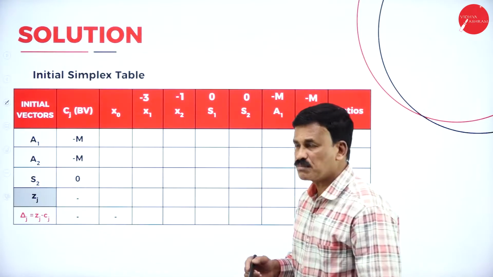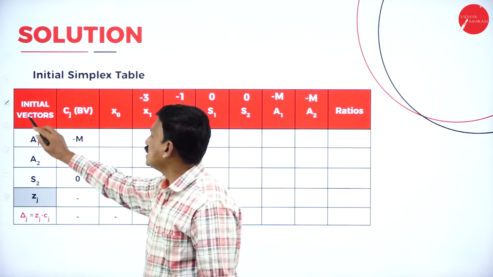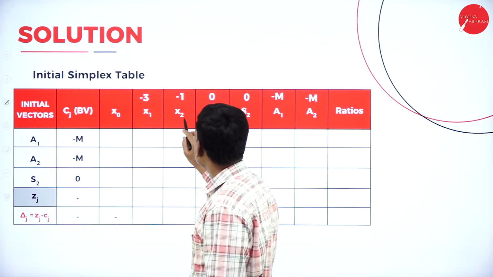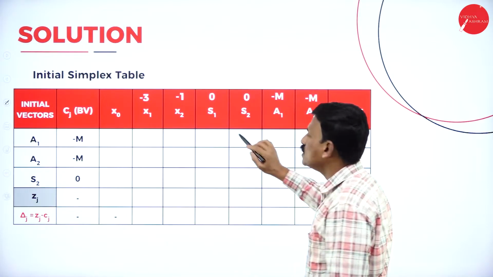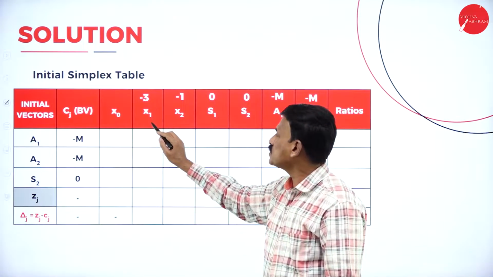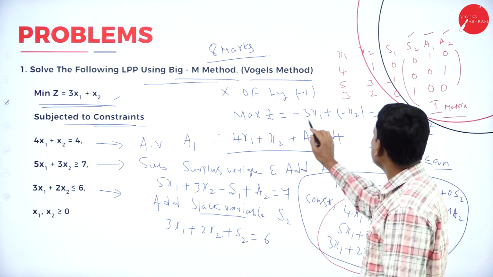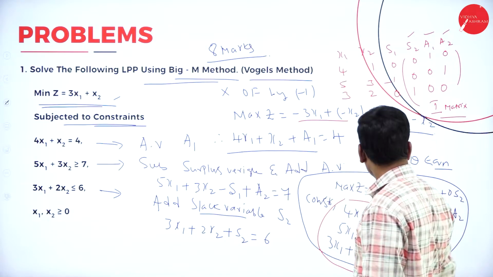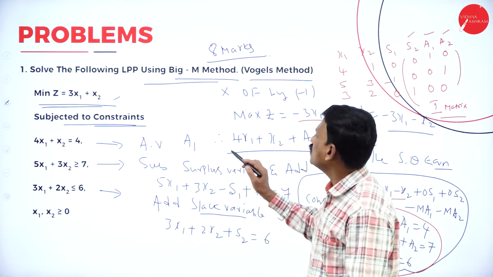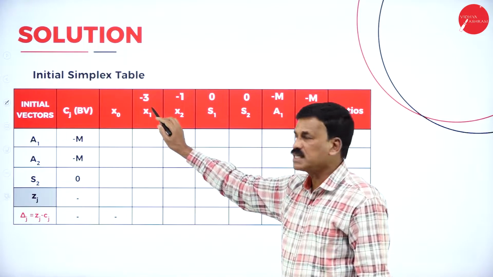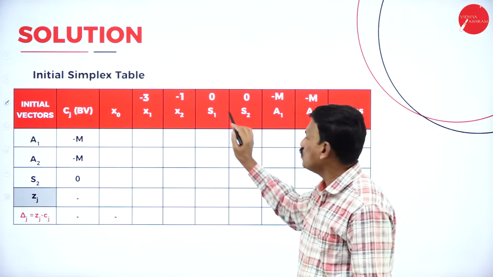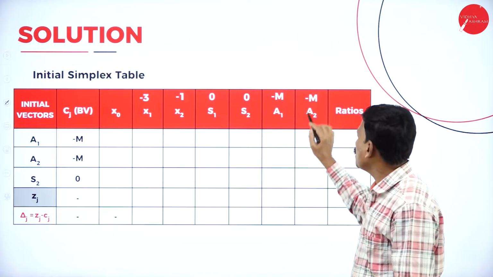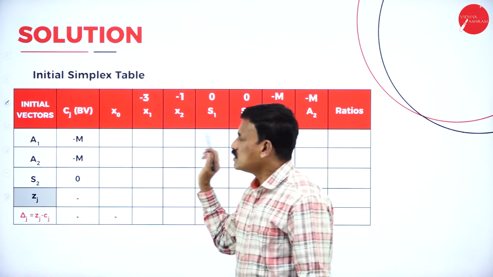Now come to the first simplex table. As usual, here are the initial vectors and the coefficients of the basic variables, x0, x1, x2, s1, s2, a1, a2. In the objective function, the coefficient of x1 is -3, x2 is -1, s1 and s2 are 0, 0, and a1 and a2 are -M, -M.